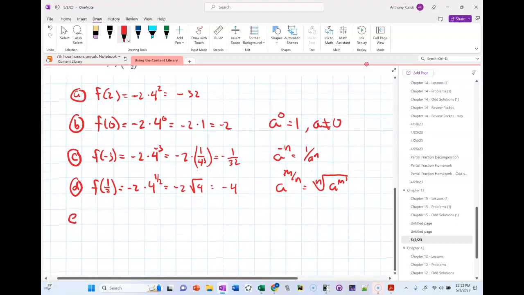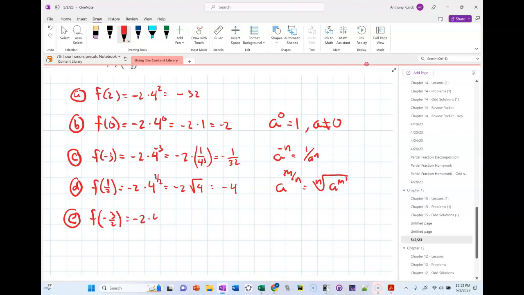And then f of negative 3 over 2. How do I do 4 to the negative 3 halves without a calculator?